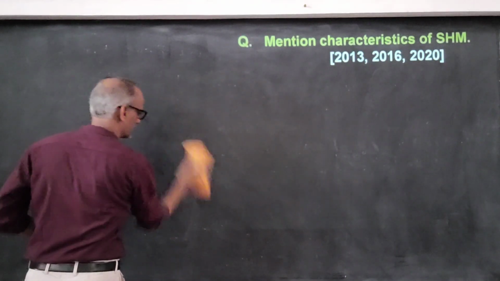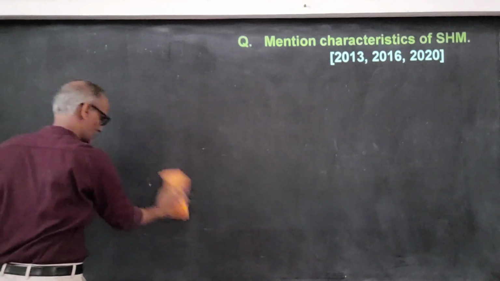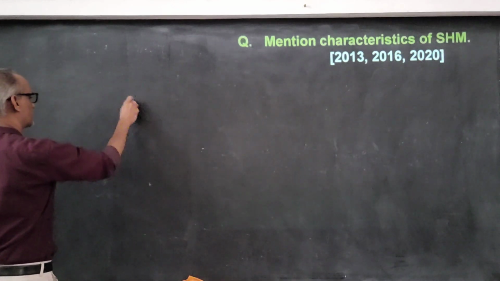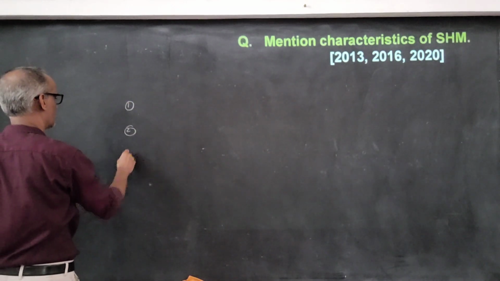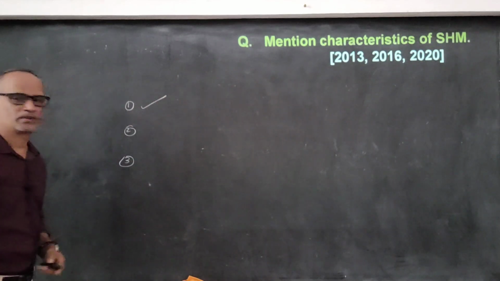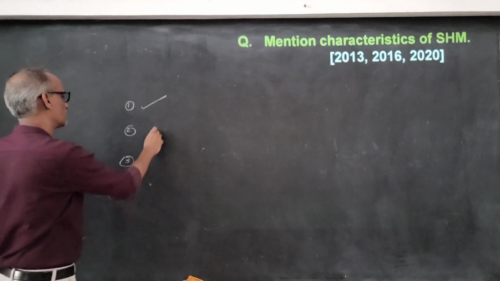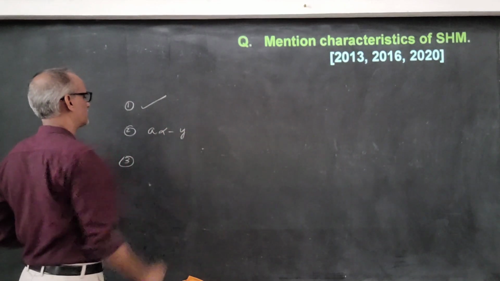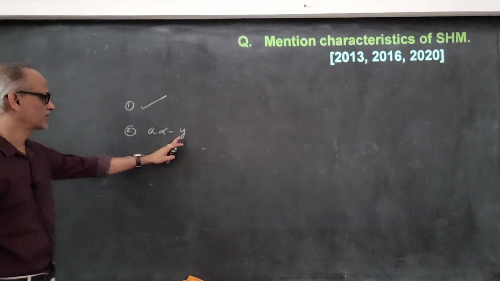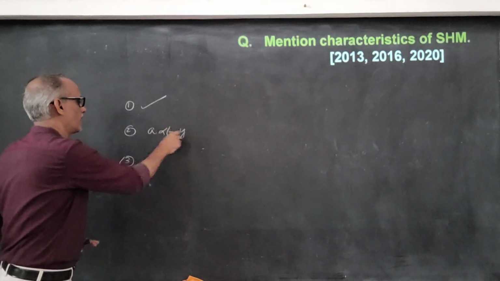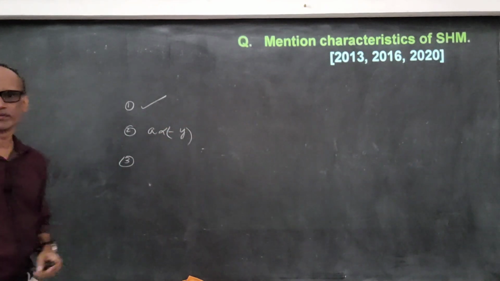Mention the characteristics of simple harmonic motion. There are three characteristics. Characteristic number 1, simple harmonic motion is periodic in nature. The second, the acceleration of the particle is directly proportional to the displacement from the mean position and directed towards the mean position.